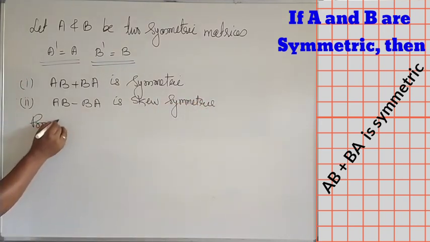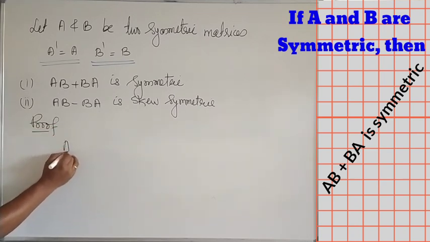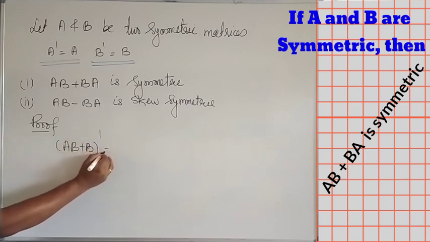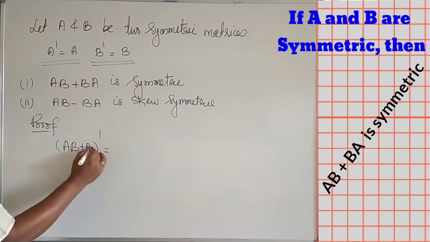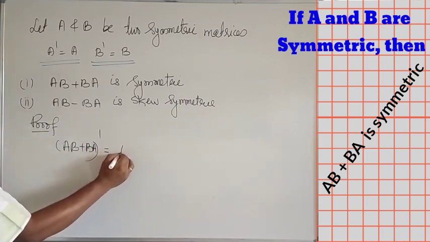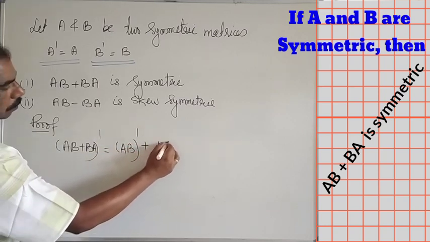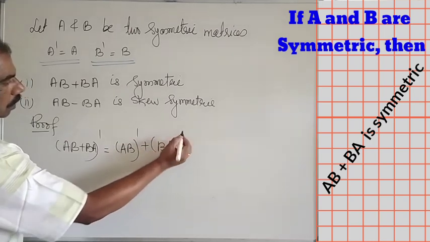Proof: (AB plus BA) whole transpose is equal to (AB) transpose plus (BA) transpose.